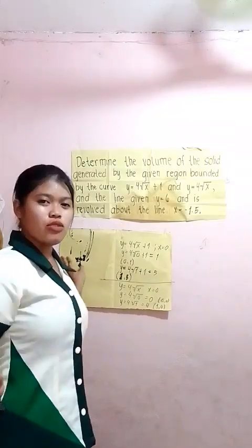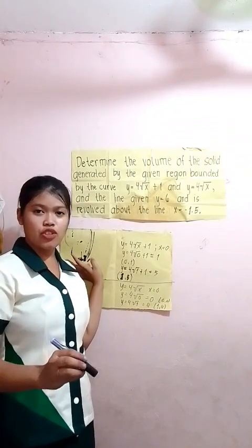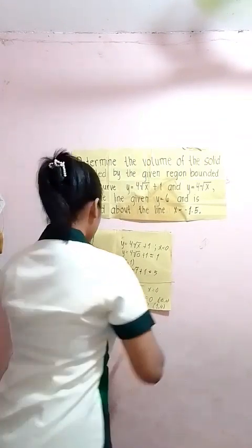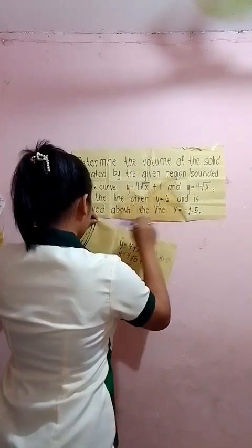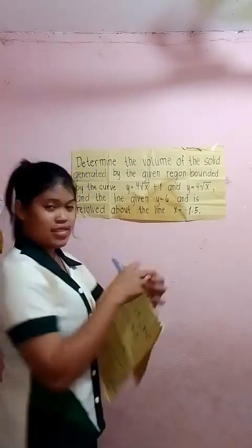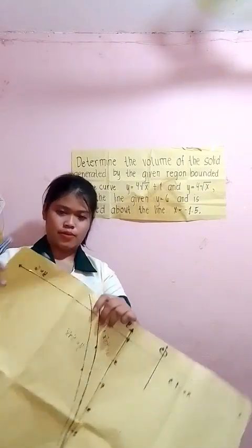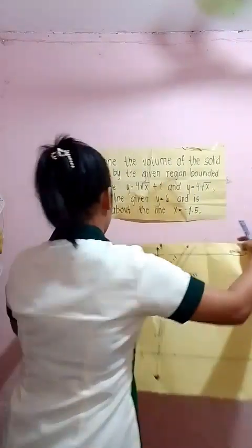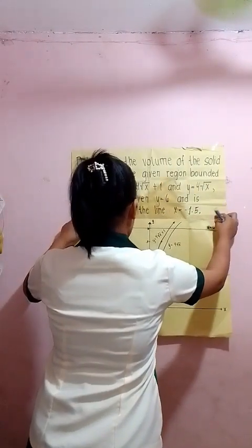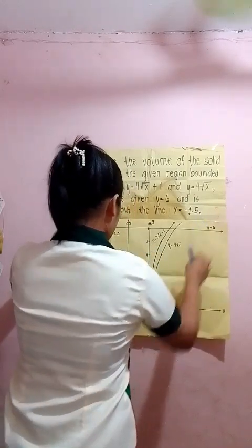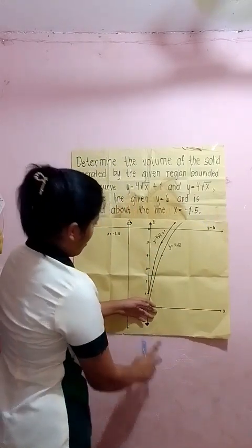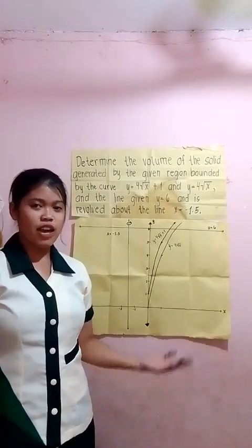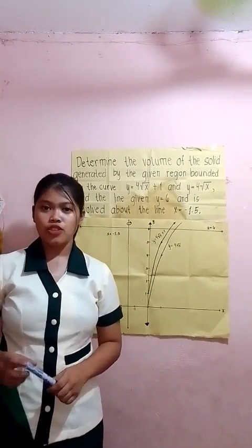Now, we can already graph the given functions in the problem. Here is the graph now. This is now the graph that we are going to solve.